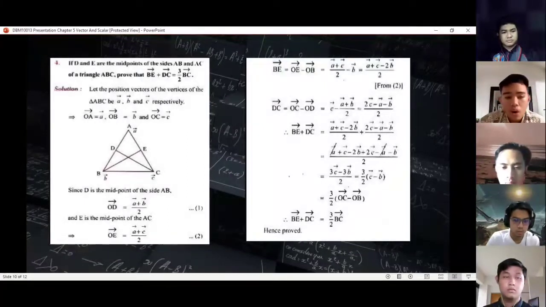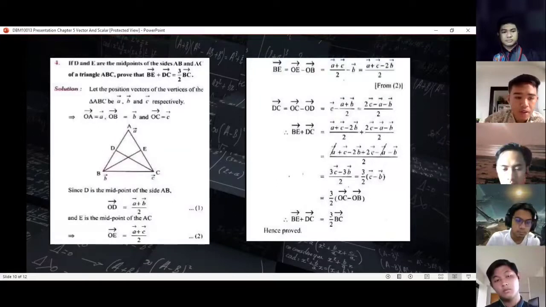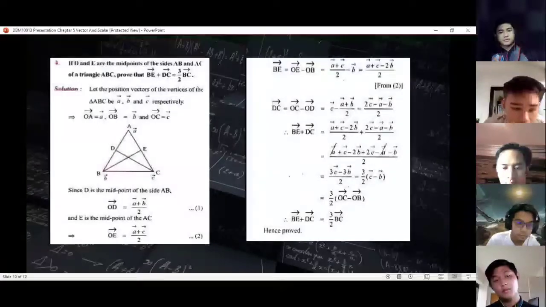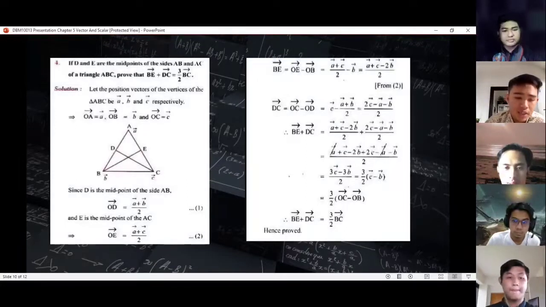So OA equals A, OB equals B, and OC equals C. As you can see in the triangle diagram, since D is the midpoint of the side AB, OD equals (A plus B) over 2, and E is the midpoint of AC, so OE equals (A plus C) over 2.